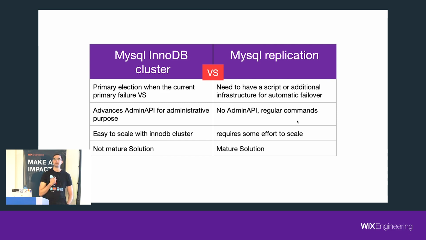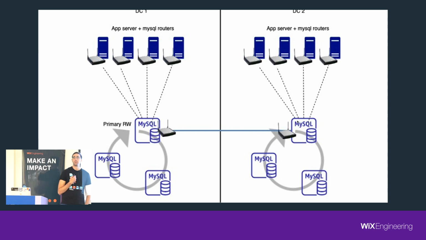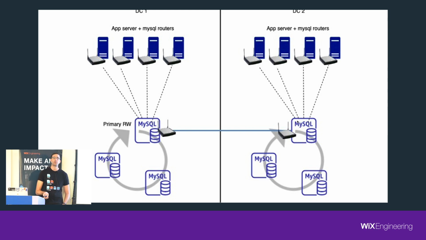Now, about the second solution, here's a schematic of InnoDB cluster with MySQL router. Let me explain exactly what you're seeing. The boxes at the top are application servers incorporated with MySQL routers. Each one of the circles is an InnoDB cluster with MySQL router.